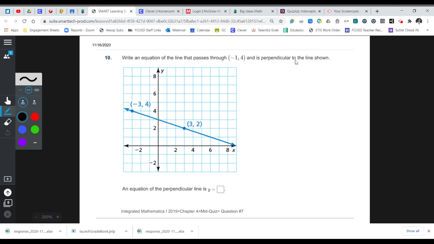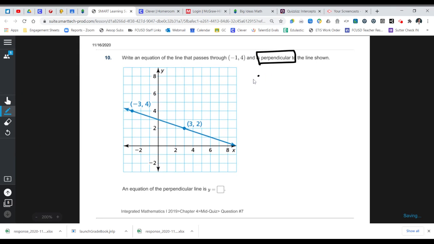In this case, for a perpendicular line, we take the old slope, and what we're going to do is flip it and change the sign. That'll make the line completely the opposite in terms of steepness and direction. Change the sign.